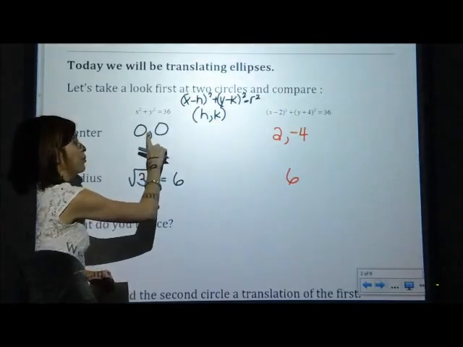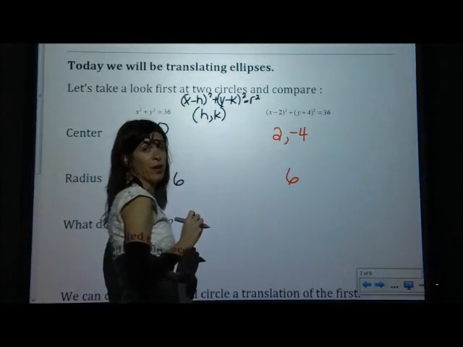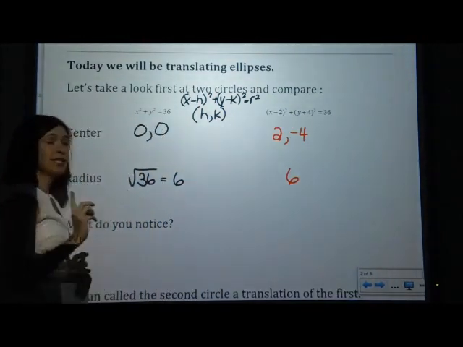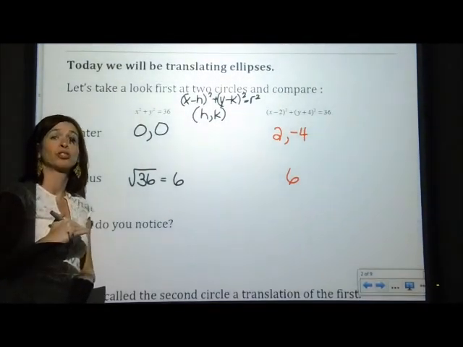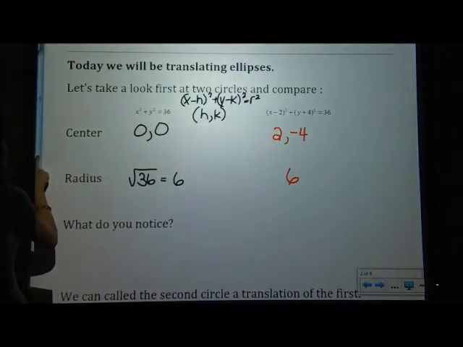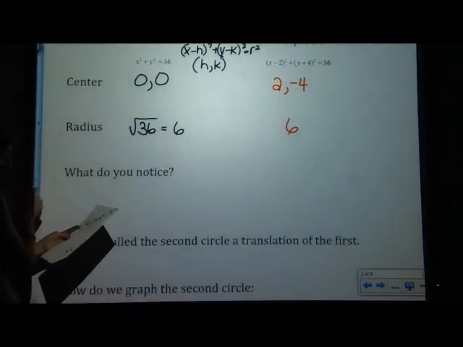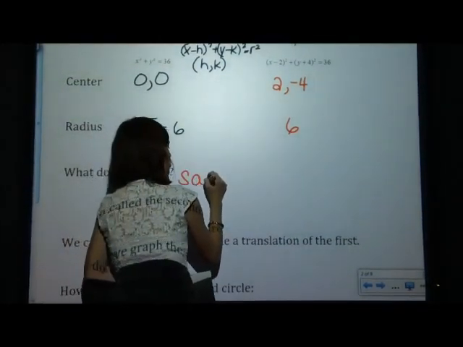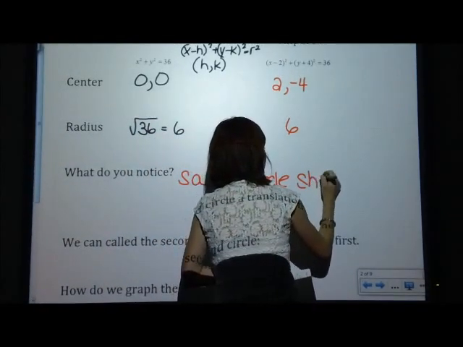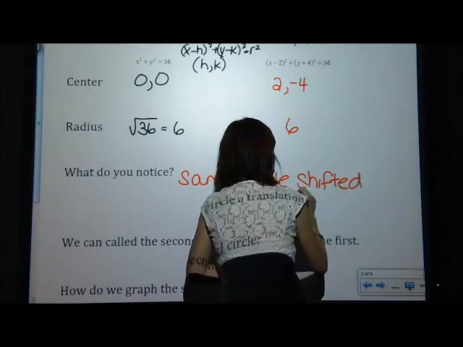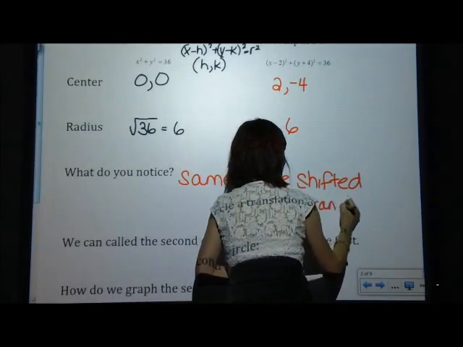That center point has moved to the right 2 and down 4. So that's going to be important, because we're going to be doing that with ellipses, and with ellipses it gets a little bit more challenging. But what I wanted you to notice is that it's just the same circle shifted. And in math we say translated.